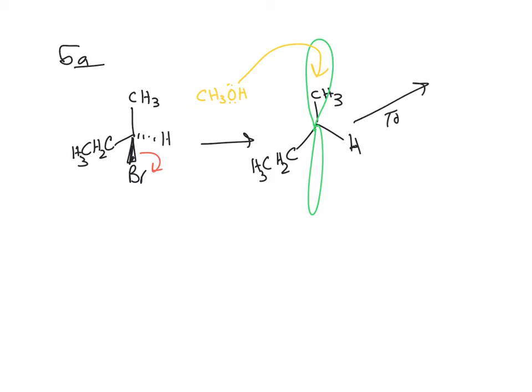And so this is if it goes to the top, and you'll get CH2, CH3, hydrogen. So I guess this would come at you, this would go back, and then this would come to the top.